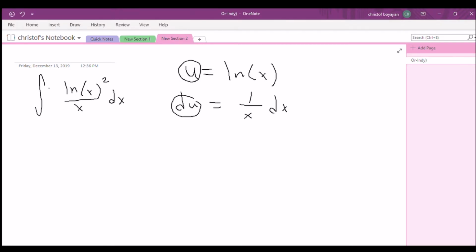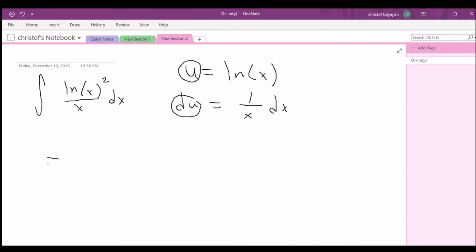Well, yeah, we actually can, because pretend we're multiplying this whole expression by 1. This is actually going to be 1 over x times dx, and that's what we have over here. So we actually can replace that over here. Now let me erase this one. This was just to kind of get you to see the picture.